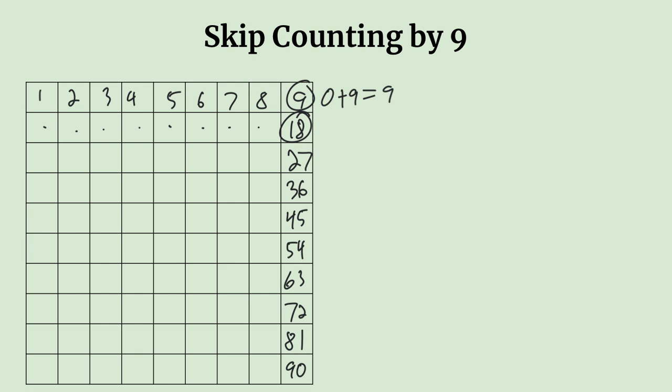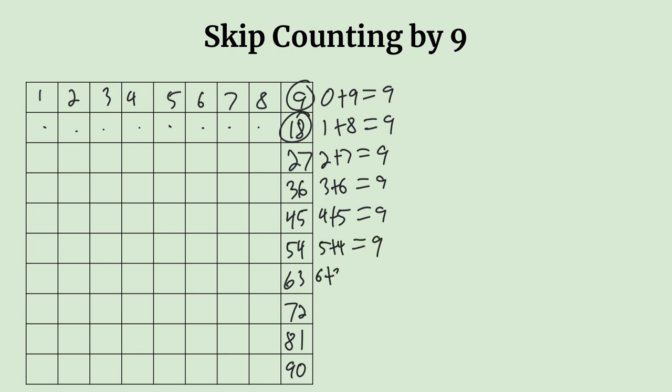That doesn't seem too fancy, too strange, but if you then do 1 plus 8, because that's 18, 1 plus 8, also 9. 2 plus 7, 9. 3 plus 6, 9. 4 plus 5, 9. 5 plus 4, 9. 6 plus 3, 9. I think hopefully we see the pattern that's happening here. So that can help you as you're working through this counting.